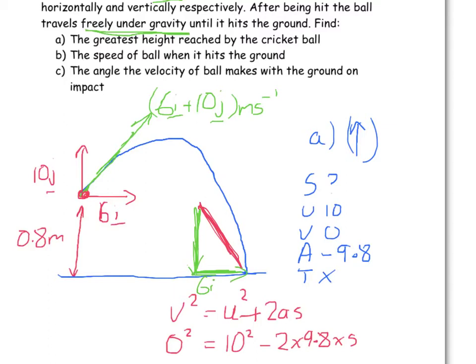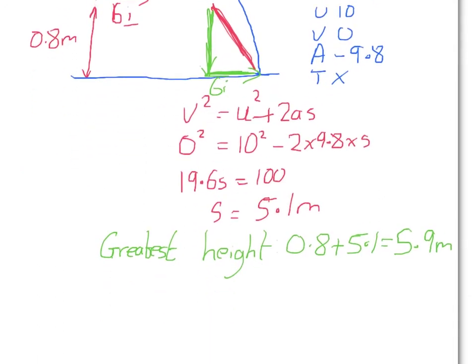So we need to find this vertical component, and to do that we can look at SUVAT again. The displacement from where we initially started is minus 0.8. The initial speed in the vertical part is 10. We know it's going against gravity, so minus 9.8, and then we can find out the final speed.